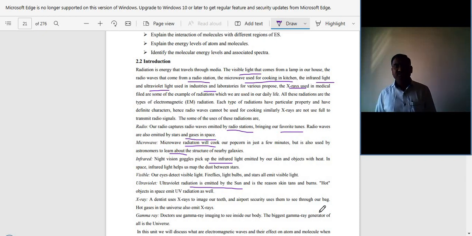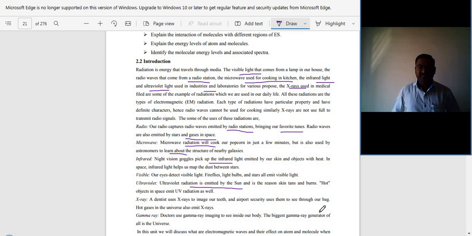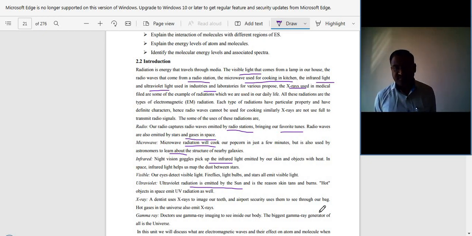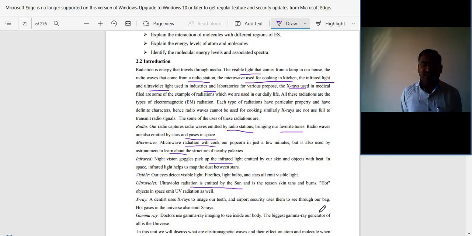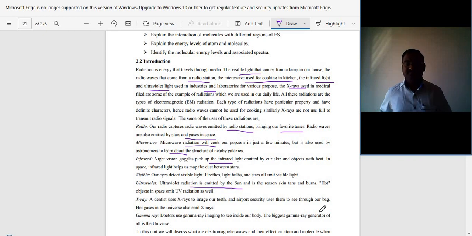A dentist uses X-rays to image our teeth. Airport security uses them to see through our bags. Hot gases in the universe also emit X-rays.